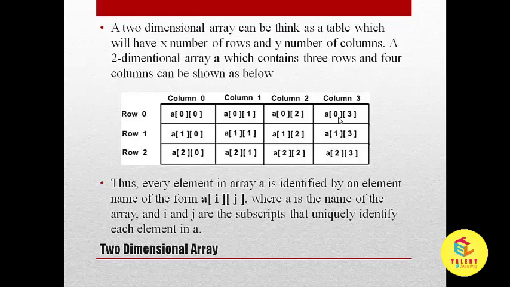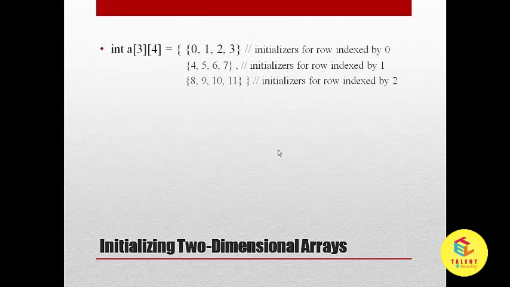Thus every element in array A is identified by an element name of the form A[i][j], where A is the name of the array and i and j are the subscripts that uniquely identify each element in A. Now let's see how to initialize two-dimensional array.